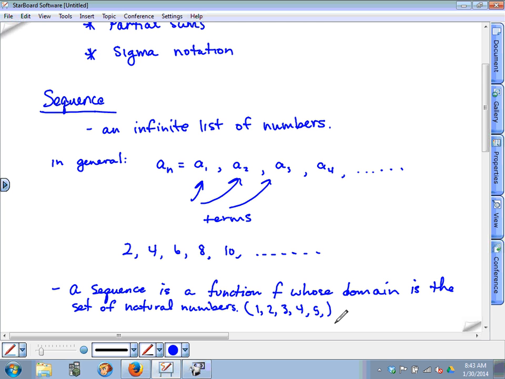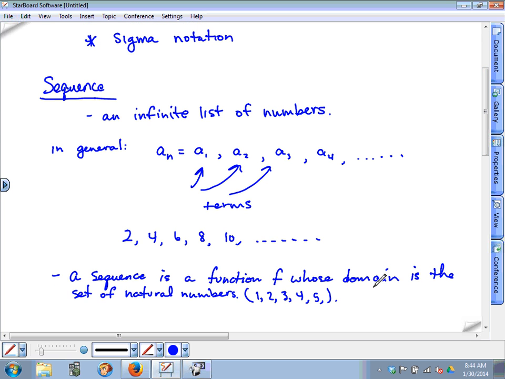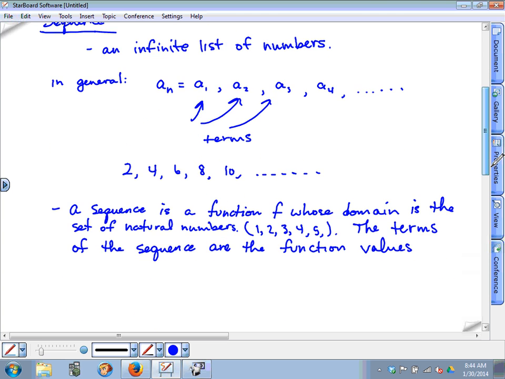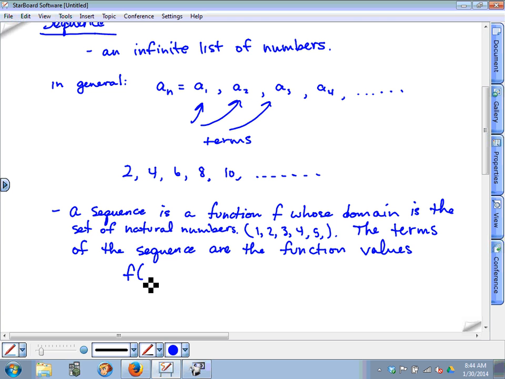Okay. So that's the domain of the function. Okay. The terms of the sequence are the function values f of 1, and then f of 2, and then f of 3.